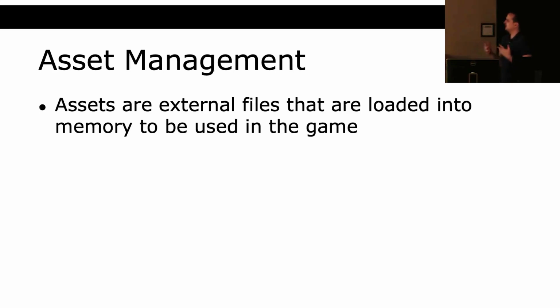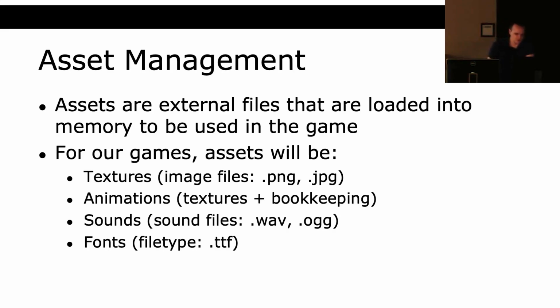So assets, what I'm calling an asset for this game, it's an overloaded term, but what I mean is that assets are any external files that are loaded into memory to be used in the game. For example, fonts, sounds, animations, textures, etc. We're going to have textures, which can be image files.